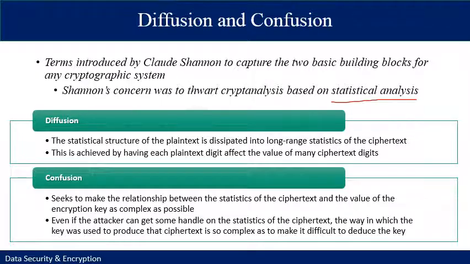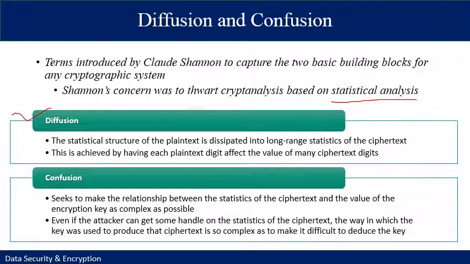So the two methods suggested by Shannon are diffusion and confusion. This will enhance the credibility of the cipher, and it will minimize the attack options. Diffusion states that the statistical structure of the plain text is dissipated into long range statistics of the ciphertext.